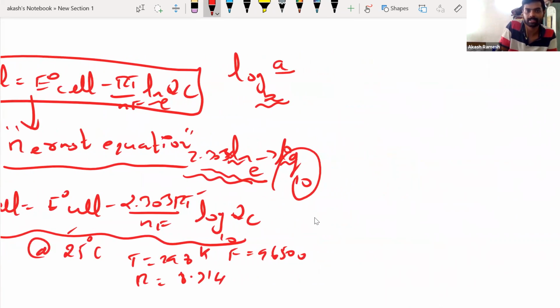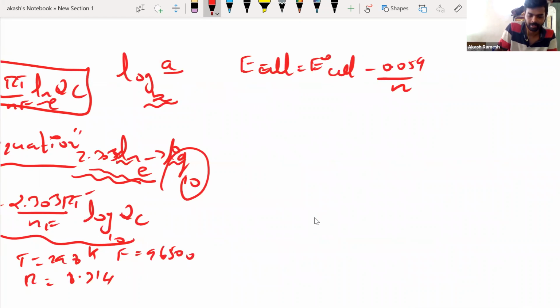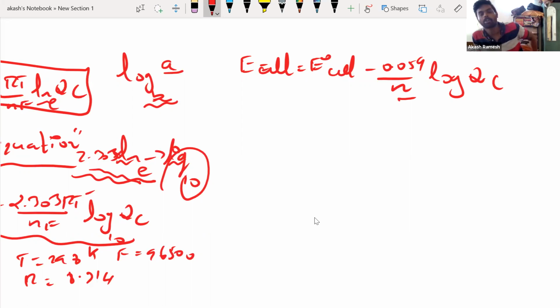E cell is equal to E naught cell minus 0.059 by n into log of Qc. The 0.059 came from the calculation by putting in all these values, and n depends on what reaction you take, and Qc again will depend on the reaction.